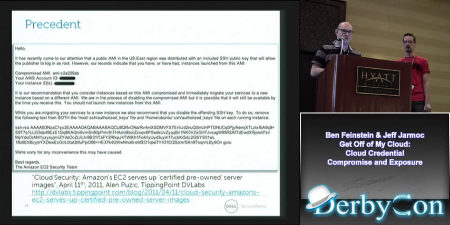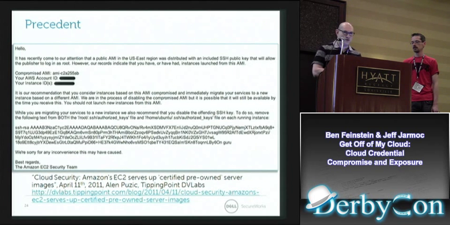So the impact is basically whoever Guru was, presumably he had the private key to this public key, and he could log right into the instances of any of these organizations and obtain access. Amazon notified the customers that were running instances based on this AMI and recommended that they disable the offending key, migrate their infrastructure off of the image, and pick a more trustworthy image in the future.